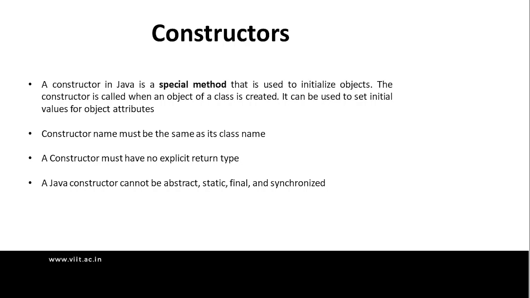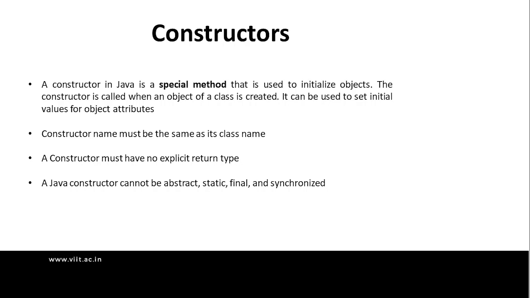The constructor is called when an object of the class is created. It can be used to set initial values or object attributes. Constructor name must be the same as its class name. Constructor must have no explicit return type, and a Java constructor cannot be abstract, static, final, and synchronized.